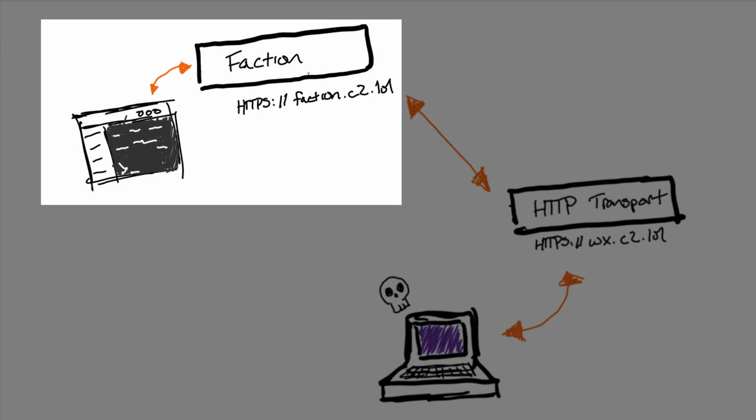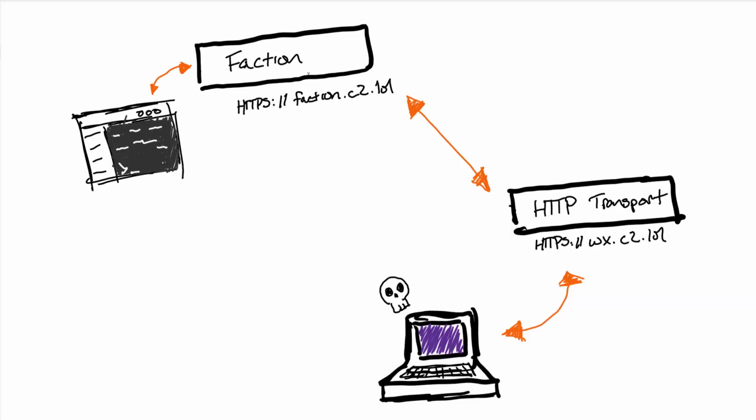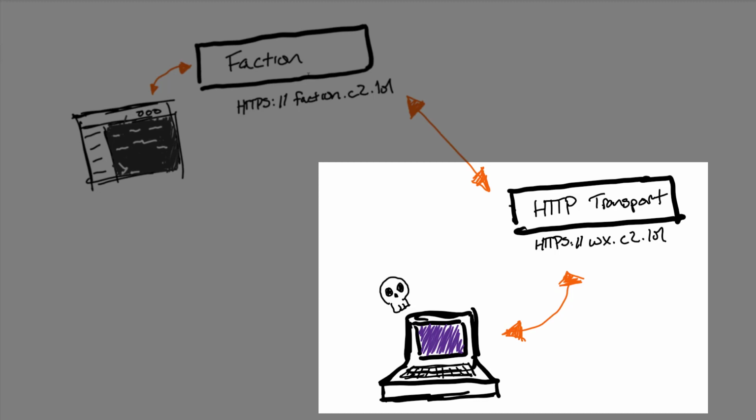Transports exist so that agents can communicate to them instead of directly to the Faction API. Together with the corresponding module inside the agent, the transport and the agent can work together to manipulate and obfuscate traffic, as well as send it over different mediums, DNS, ICMP, whatever.